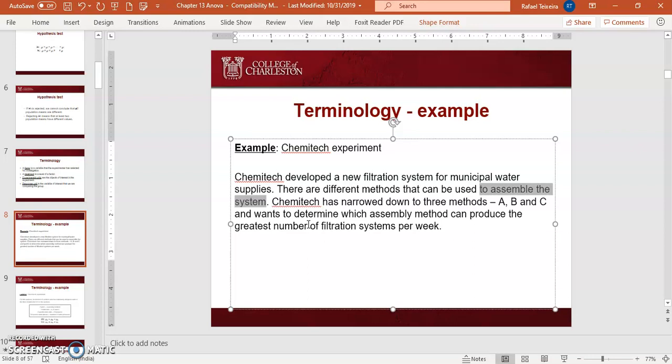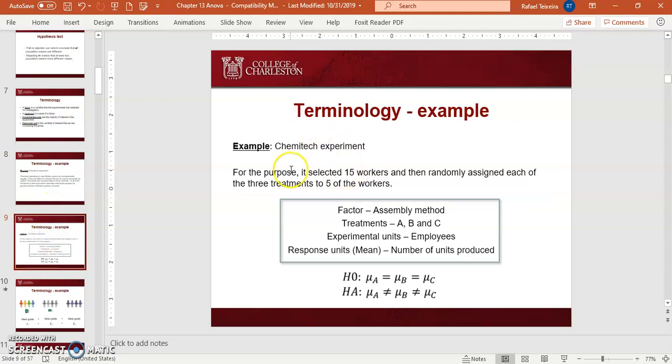So I'm going to use different assembly methods. In terms of treatments, I have treatment A, treatment B, and treatment C, which are assembly method A, assembly method B, and assembly method C. For this purpose, they selected 15 workers and randomly assigned each of the three treatments to 5 of the workers.